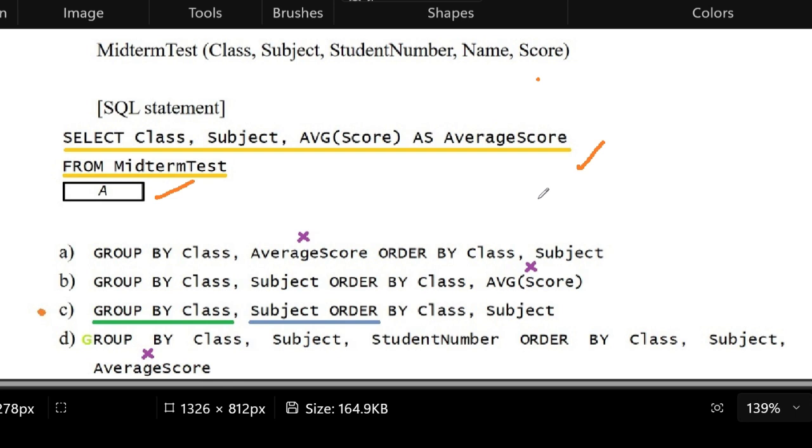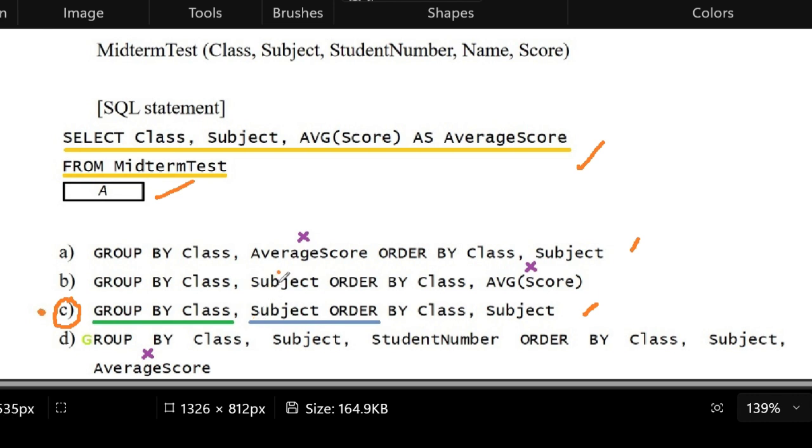What we find is that if we look at the answer group, letter C has this part, order by class, subject, which is also found in choice A, but I chose C, which is the correct answer.